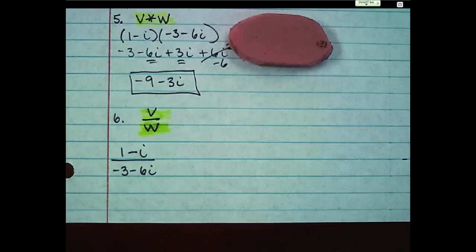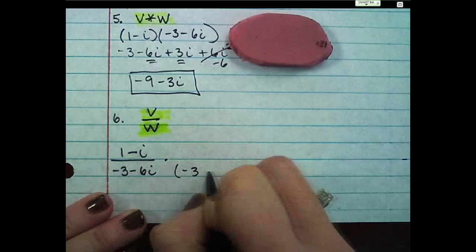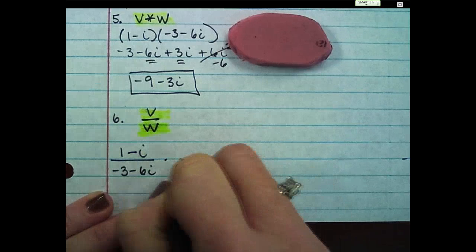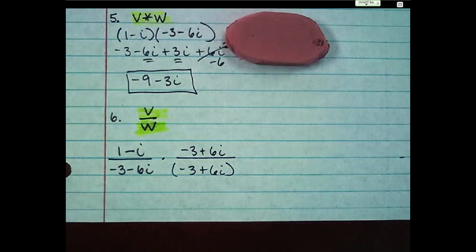What do you have to do to solve this? If you have an i in the denominator, it's not allowed to be there, so what do you have to do? Multiply by its what? Conjugate, right? So let's do that. Multiply by its conjugate, -3 plus 6i. Whatever you do to the bottom, you have to do to the top. And that's how we get rid of the i's.